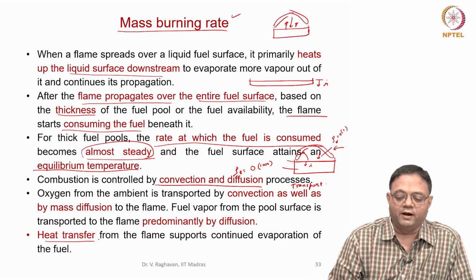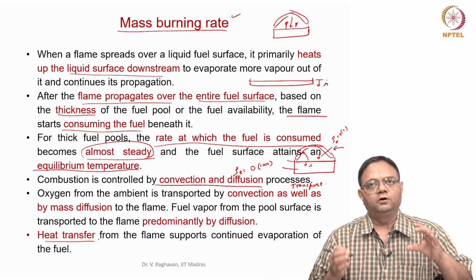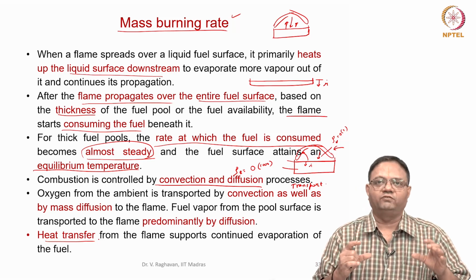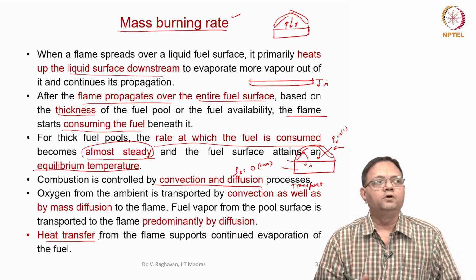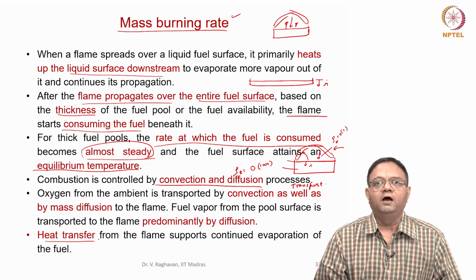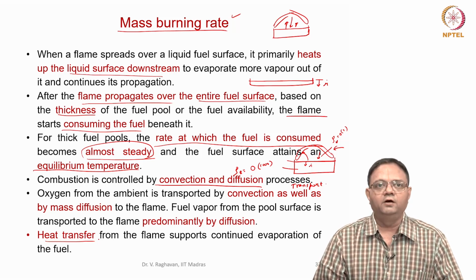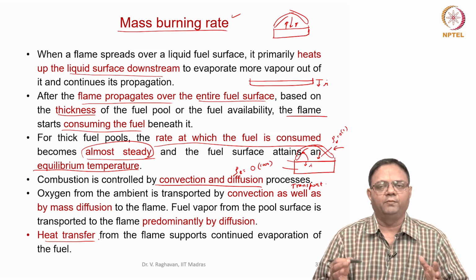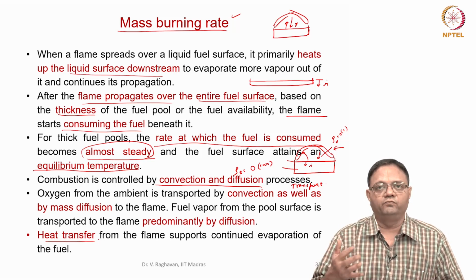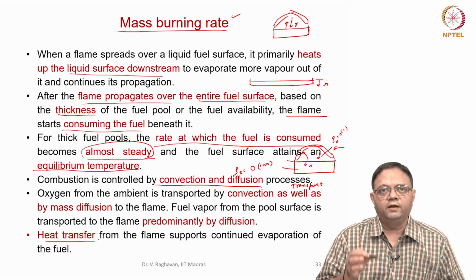So, the mass burning rate is one in which you have some certain quantity of fuel which is left over after the flame has spread over the entire pool, and the flame has formed over the entire pool surface, and now it starts consuming the liquid below it at a rate which is almost steady, almost the same rate it evaporates, and this burns. So, this is the characteristic.